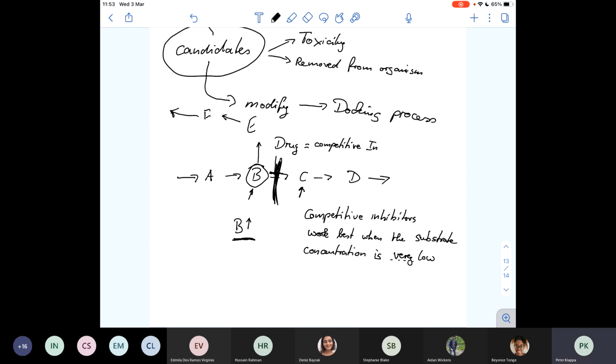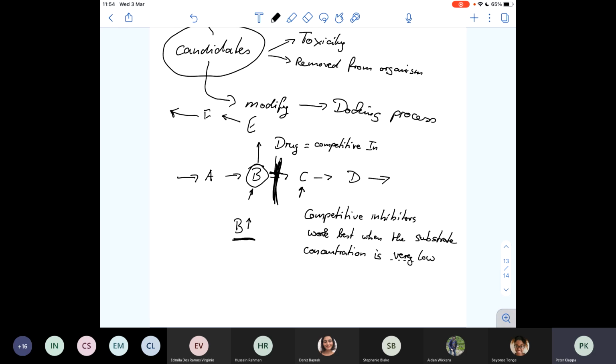What kind of inhibitor is good at doing the job when the substrate concentration is very high? Absolutely right. An uncompetitive inhibitor is really good in this case. But how do we find an uncompetitive inhibitor?